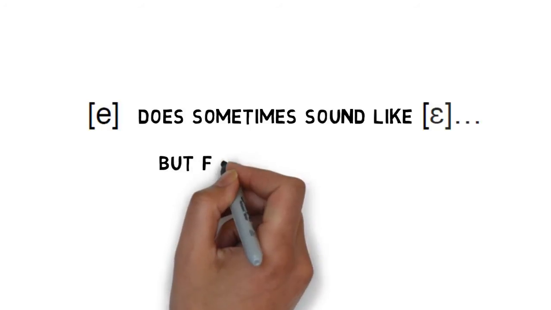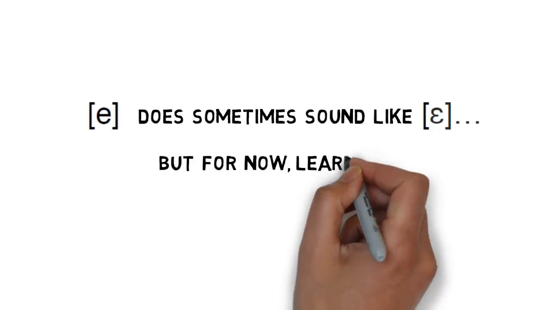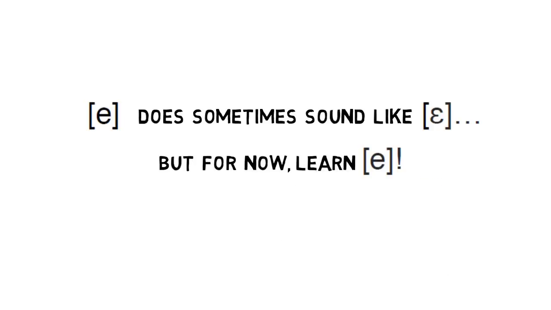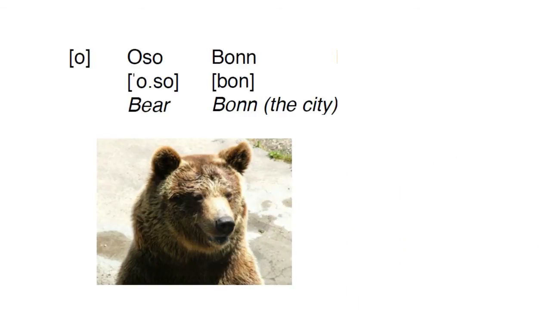You get a lot more flexibility with what sorts of vowels show up in native speakers' mouths. For our purposes now, though, it's handy to learn the vowel you'll encounter most often, which is this new E sound.